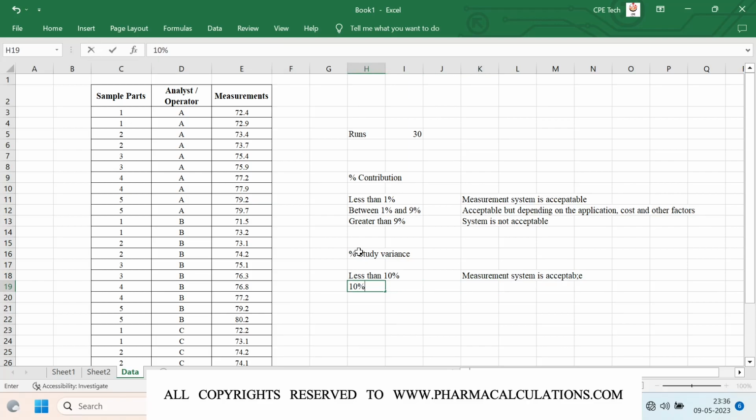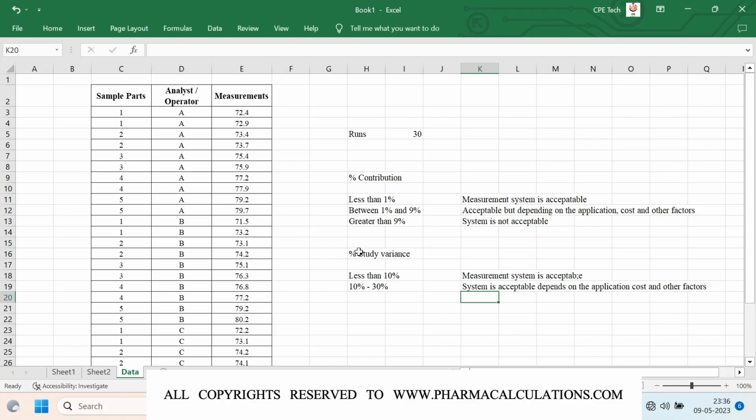And if it is between 10% to 30%, the system is acceptable, and it depends on the application, cost and other factors.